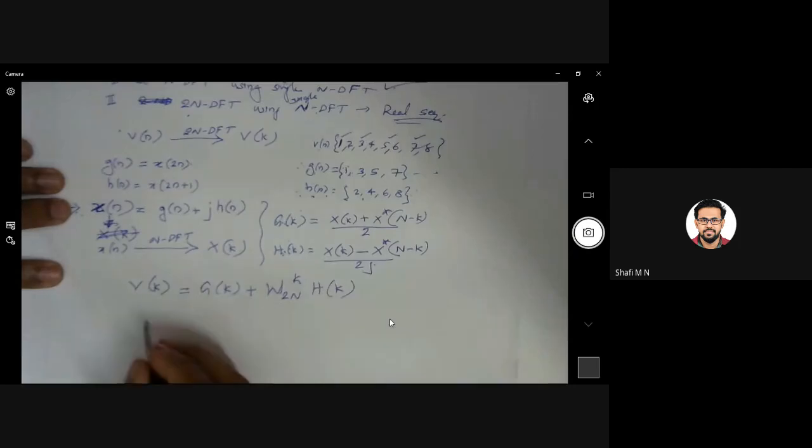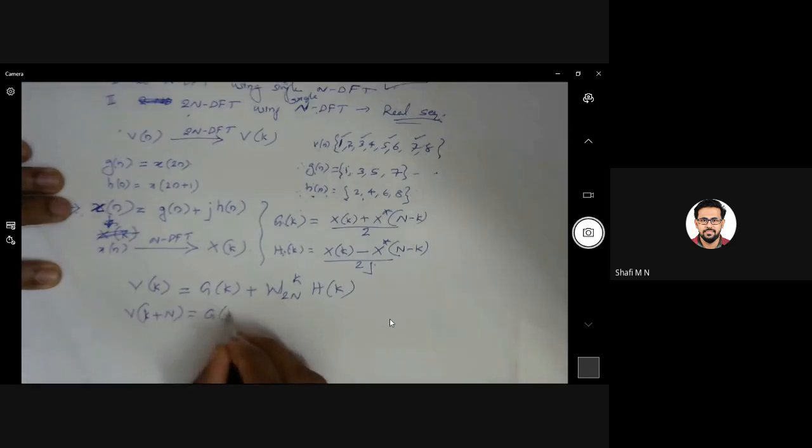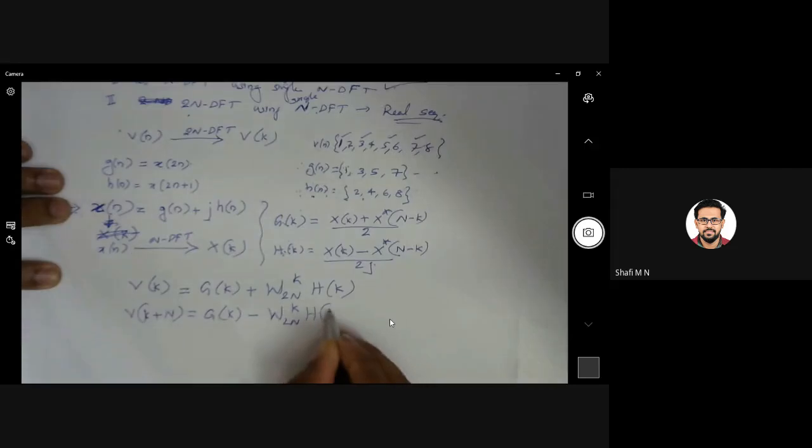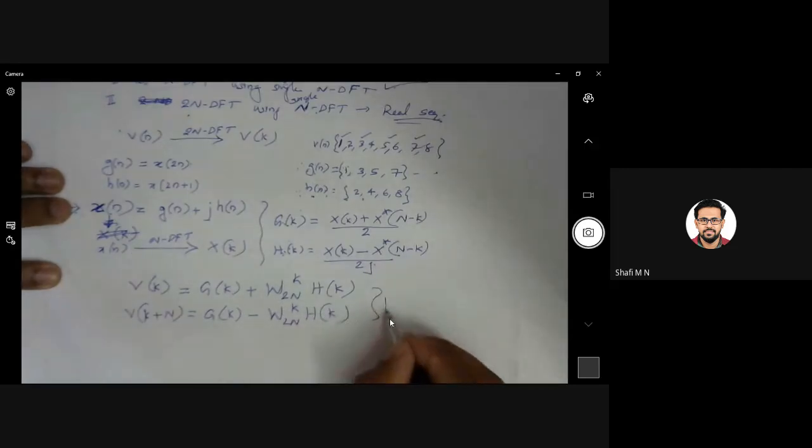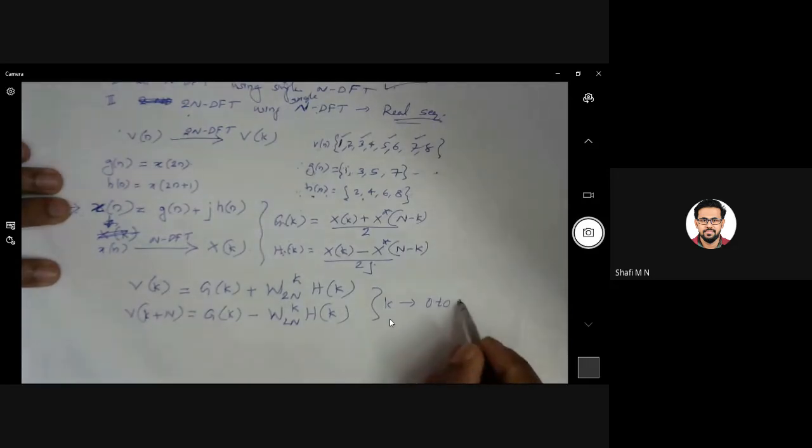Okay, and V of k plus capital N, you will get 2 things at the same time if you are using this equation, else it will be a bit complicated. Minus W2N to the power k, this is the simplest method, into H of k, where your k index varies from 0 to, can you tell me? N minus 1. 0 to N minus 1 is enough.